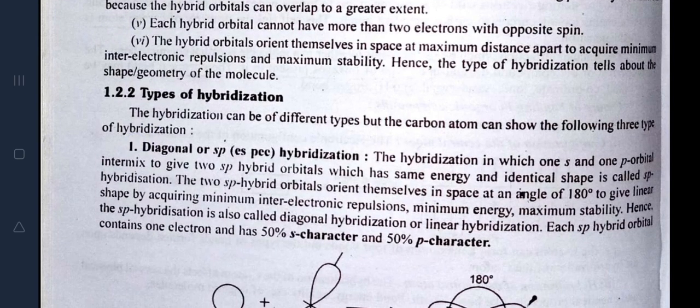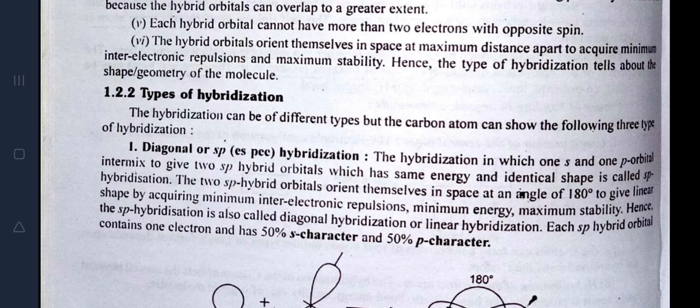Types of hybridization. The hybridization can be of different types, but the carbon atom can show the following three types of hybridization. First is diagonal or sp. The hybridization in which one s and one p orbital intermix to give two sp hybrid orbitals which have the same energy and identical shape is called sp hybridization.